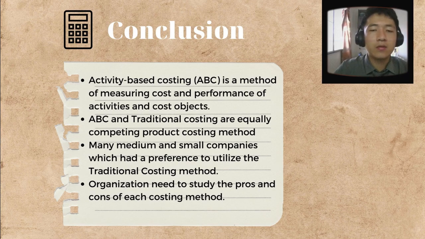Many medium and small companies prefer to utilize the traditional costing method. Organizations need to study the pros and cons of each costing method. There is no perfect method, only the superior method to use.